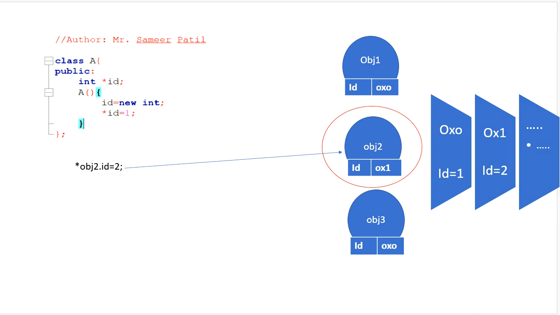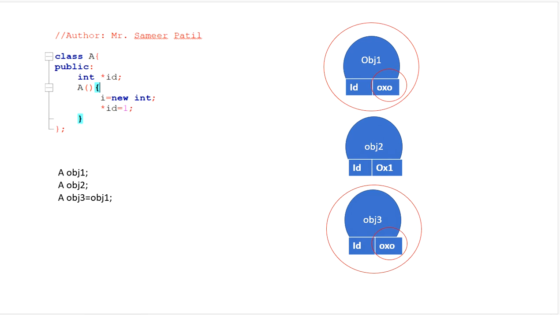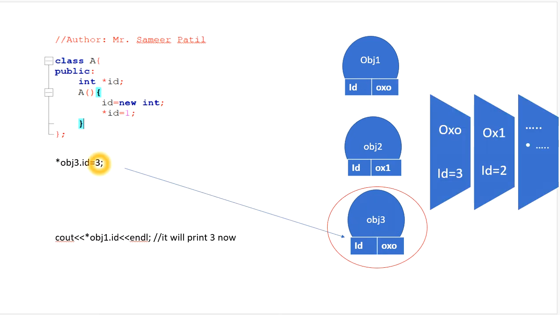If you modify object3.id, see how object 3 has been created by copying all the values of object 1. So when you modify object3.id, the id variable of object 3 and the id variable of object 1 are pointing to the same location, which is on the heap.